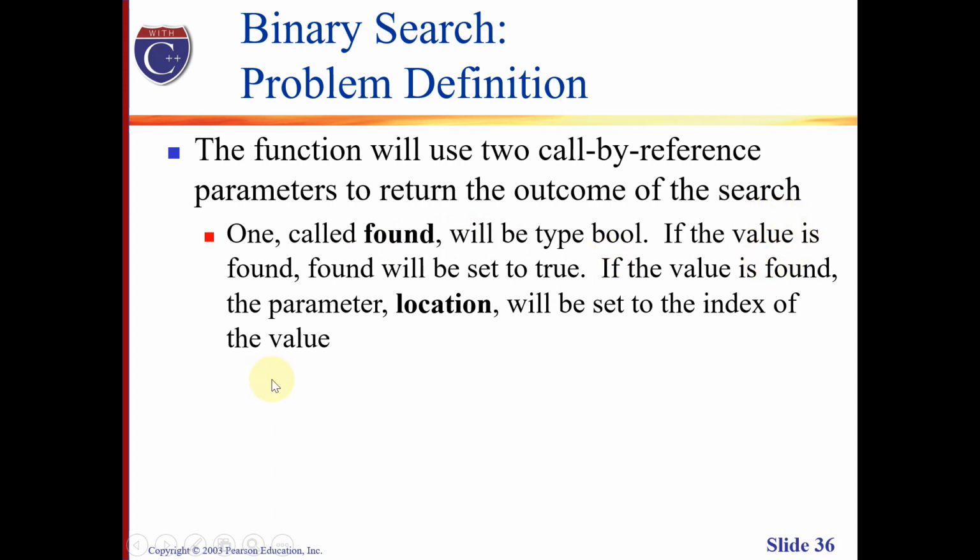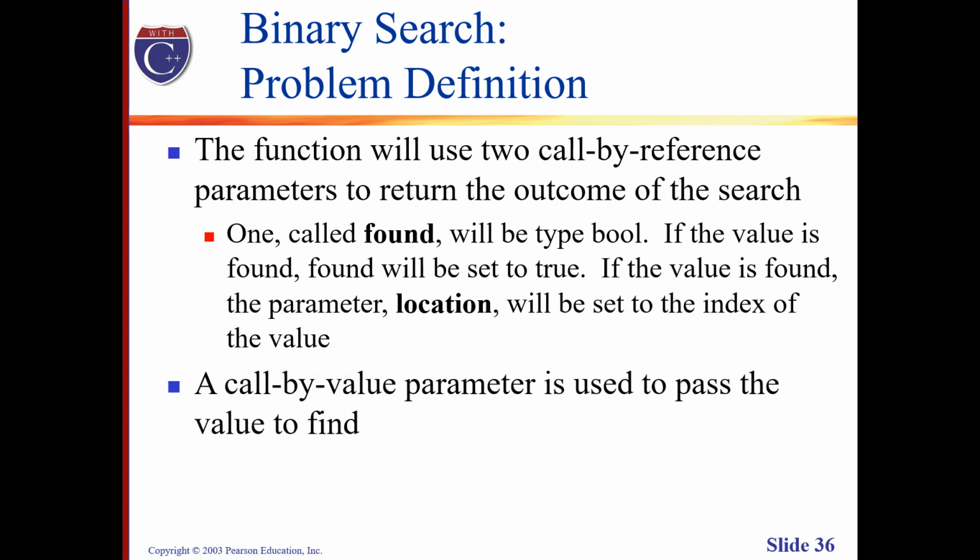If the value is found, this will be set to true. If the value is found, the parameter location will be set to the index of the value that we are looking for. A call by value parameter will be used to pass the value to find. And this parameter will be called key.